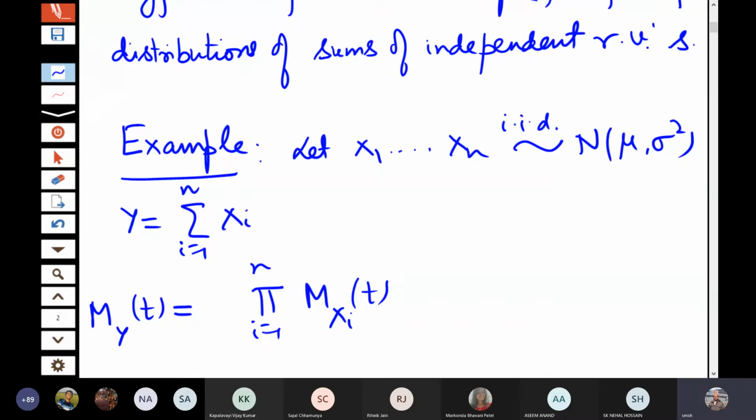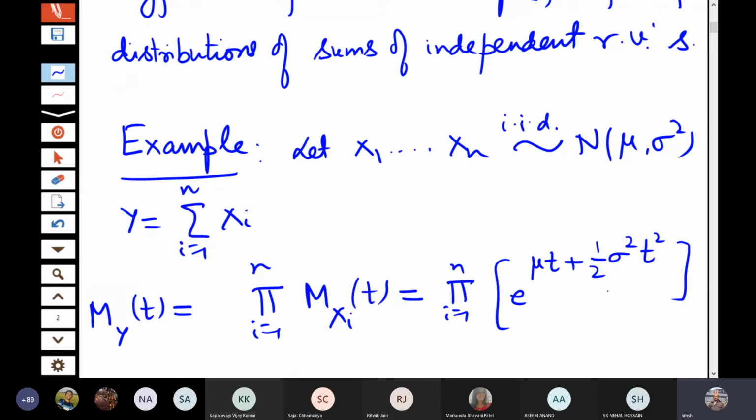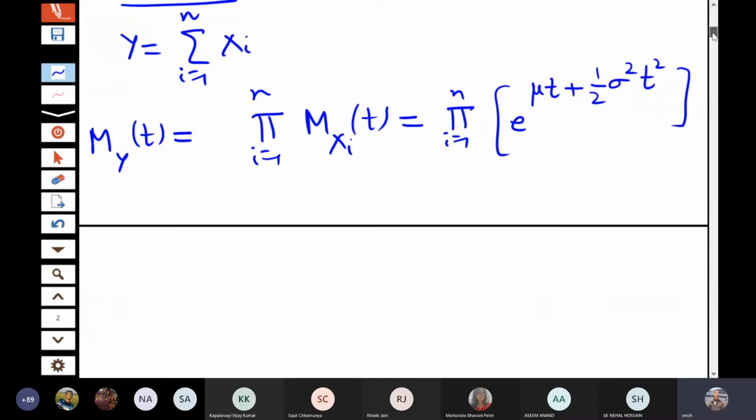So this is equal to product i is equal to 1 to n. Now the MGF of the normal mu, sigma square is e to the power mu t plus half sigma square t square. So this is nothing but e to the power n mu t plus half n sigma square t square.